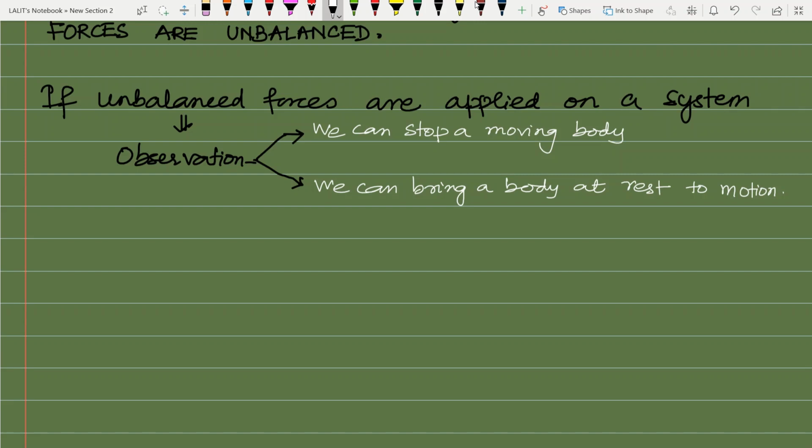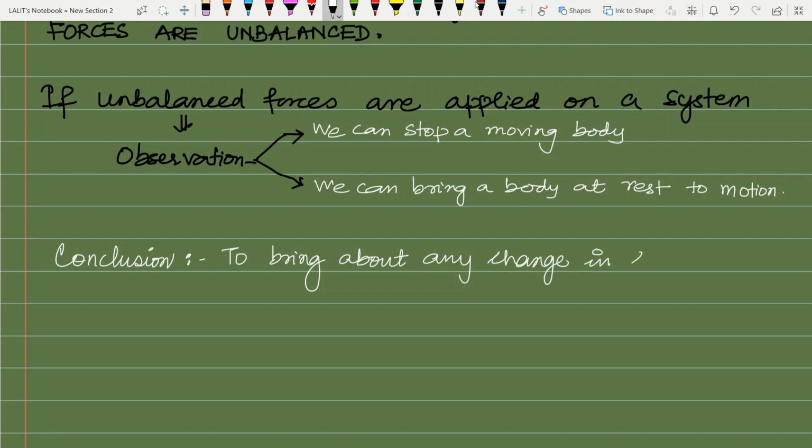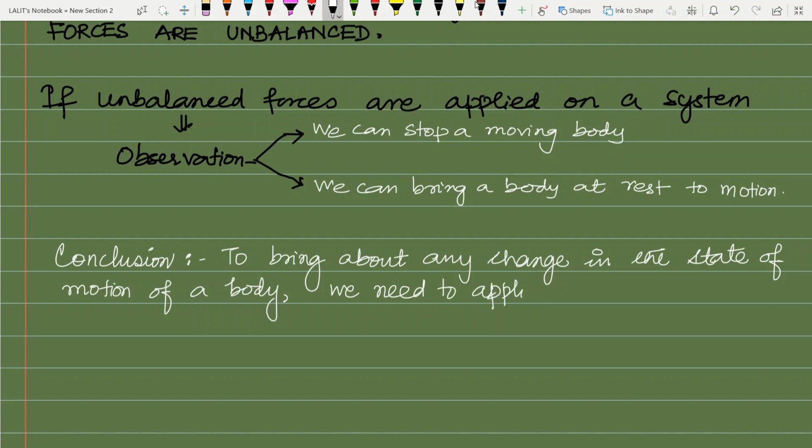The conclusion is, to bring about any change in the state of motion of a body, we need to apply unbalanced force.